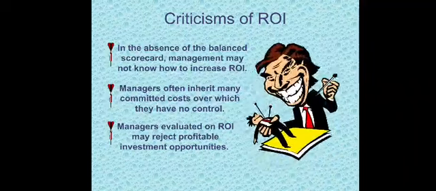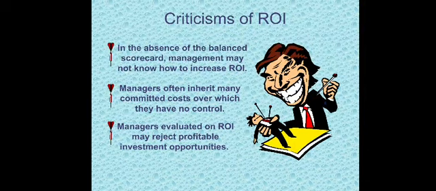So if there is an opportunity to do a new project or to produce a new product, but the project or product has an ROI of less than 21%, then you as a manager will not accept the new project, because if you accept it, your current ROI will decrease. That is how ROI sometimes may cause managers to reject new investment or project opportunities.